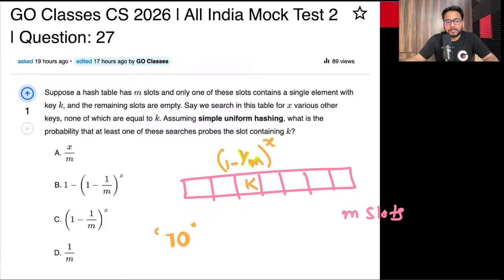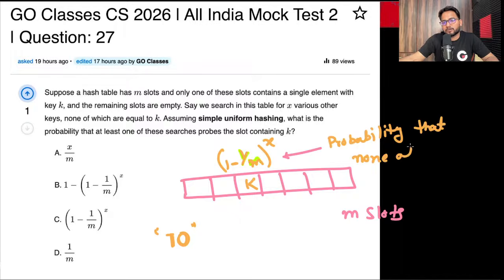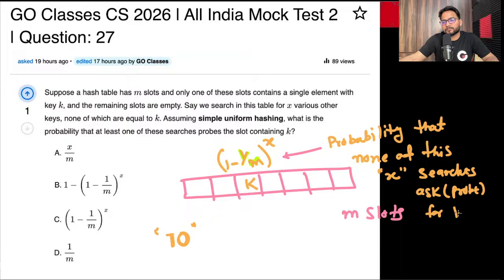So basically this is the probability that none of these x searches probe this slot.